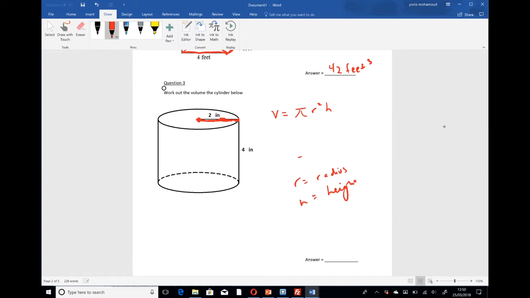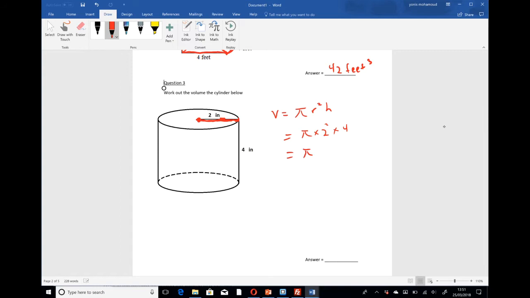Okay, so let's plug all this information into the formula, and we should find the volume of the cylinder. So let's put the pi in. So r squared, where r is equal to 2 squared, times 4. So keep the pi down.